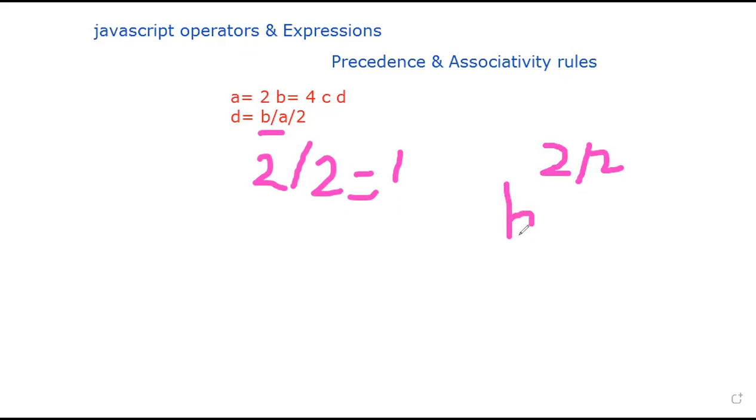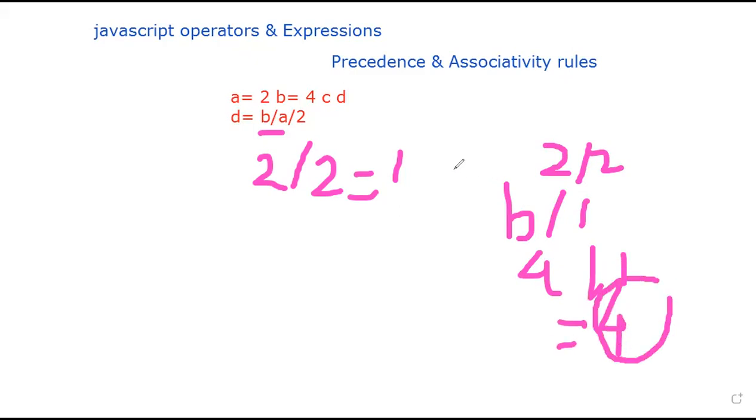Then you take B divided by 1, that is 4 divided by 1, which is 4. So 4 will be one answer and 1 will be the other, but depending upon the rules, 1 is the correct answer.